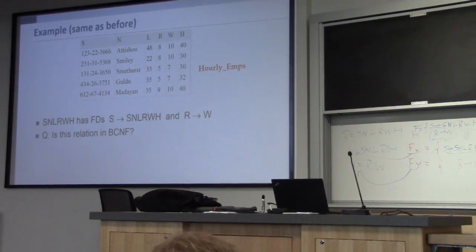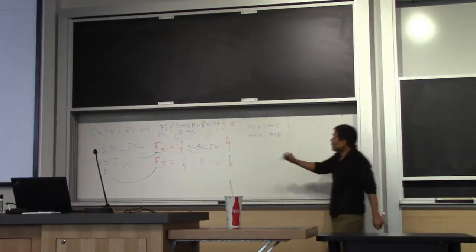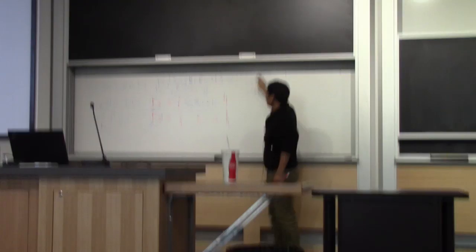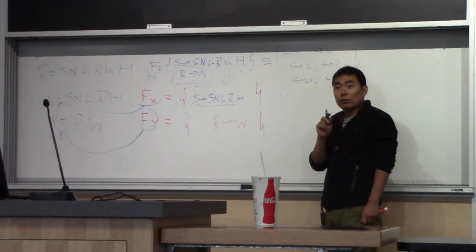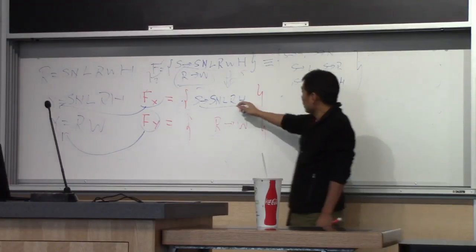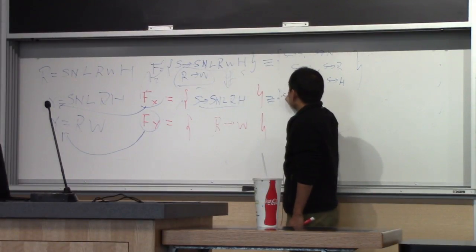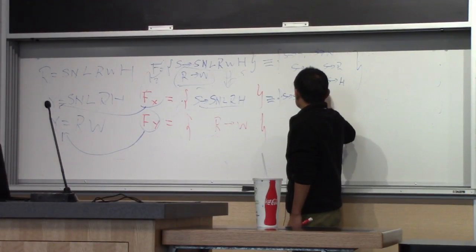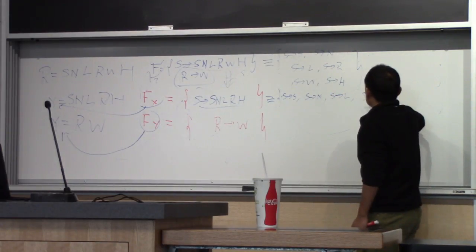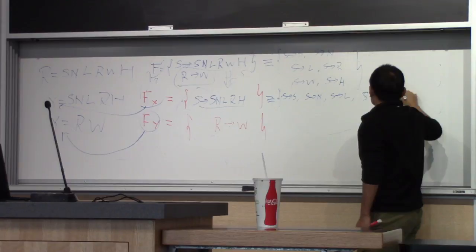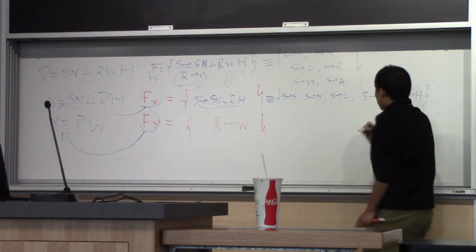Using the decomposition rule of Armstrong's theorem, S determining all of this is the same as S determining each one of them. You follow me? And what is this equal to? Right?